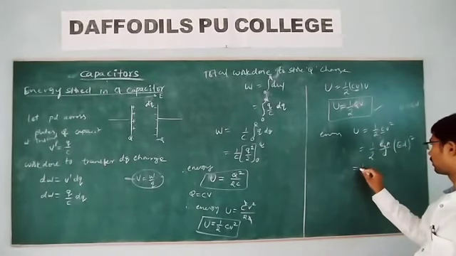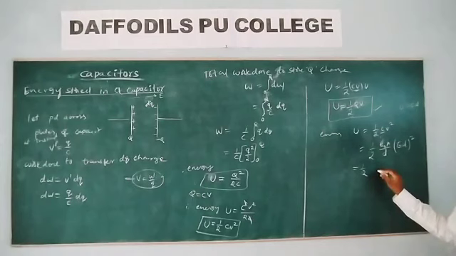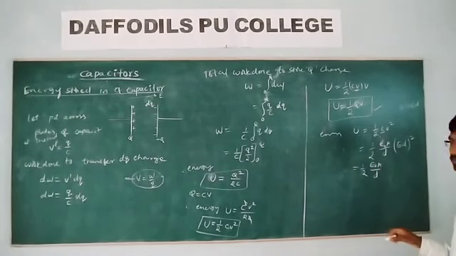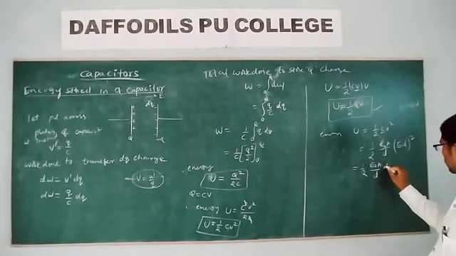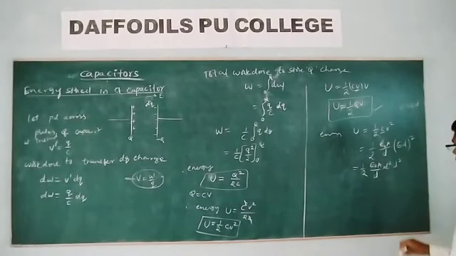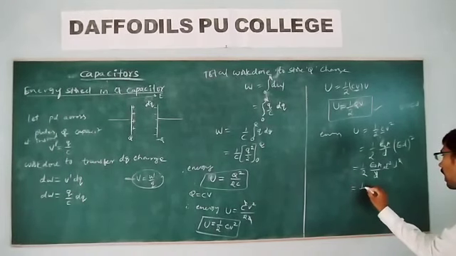Now I explain this one. Half into epsilon naught A by D into E squared D squared. Here one D gets cancelled. Then what is remaining?